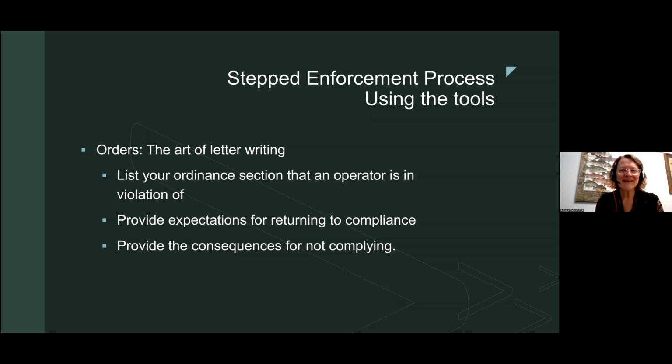Then you're also going to need to identify any consequences for not complying. Maybe if you're starting out at just that simple notification that these are the sections that we believe you are in violation of, and here is the time frame to get an application in.